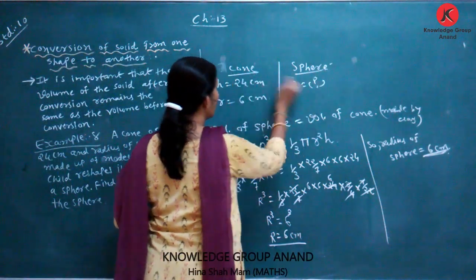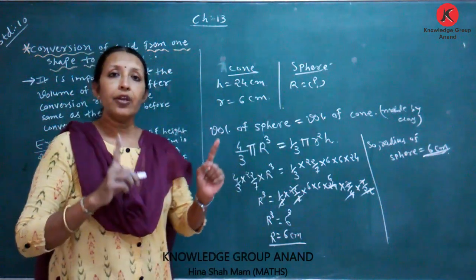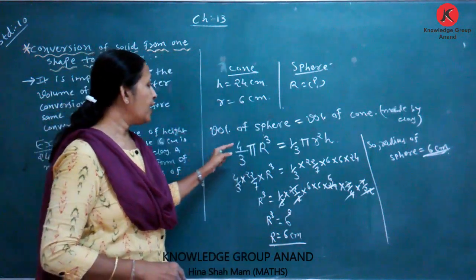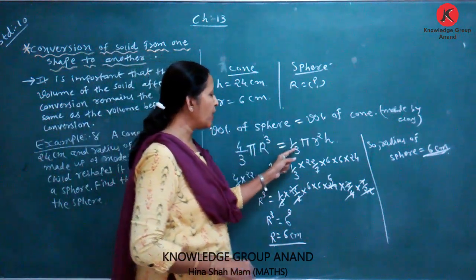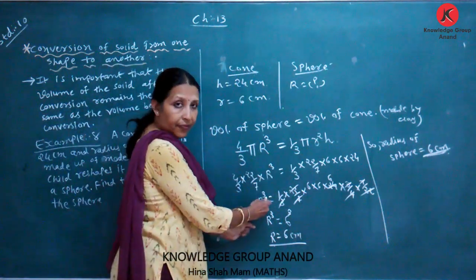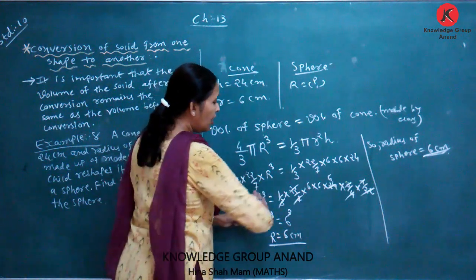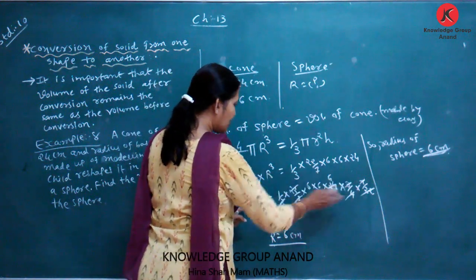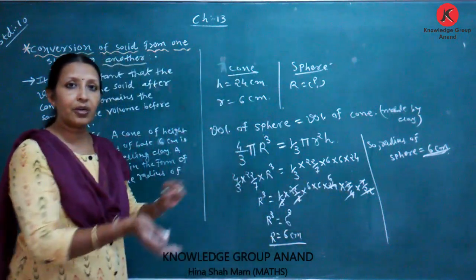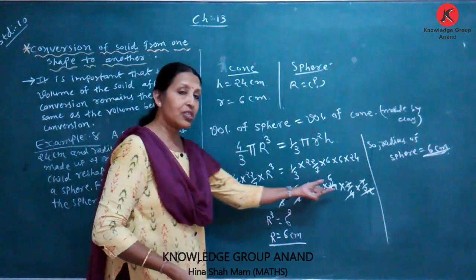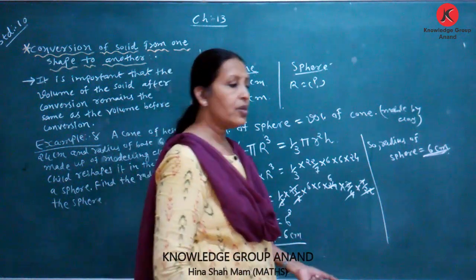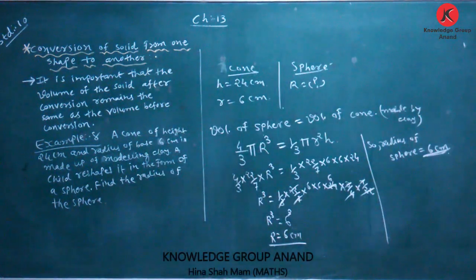We write both pieces of information, cone and sphere. Then volume of sphere is equal to volume of cone made by clay. 4 by 3 pi r cube is equal to 1 upon 3 pi r square h. Taking these terms to opposite sides, the denominator becomes numerator and numerator becomes denominator. We know this is a rule. Then r cube is equal to 6 cube, and r is equal to 6 centimeter.